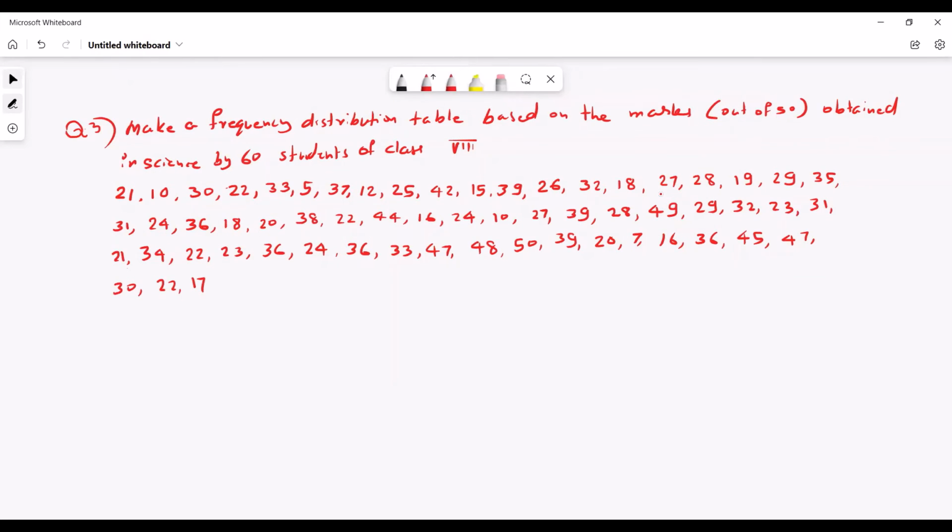In the third question, make a frequency distribution table based on the marks. It is given out of 50, obtained in a subject of science by 60 students of class 8. It is given here.